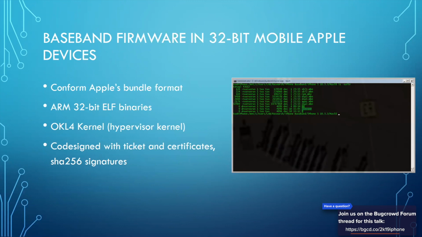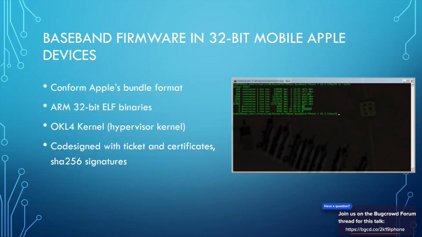So to learn more about this baseband chip in Apple devices, I started to look at Apple firmware. In the Apple firmware, IPSW, which is the format used by Apple and is basically just a zip file that you can download through iTunes, there was another zip file called BBFW, which is the baseband firmware.